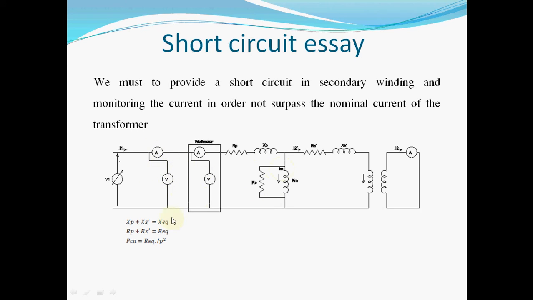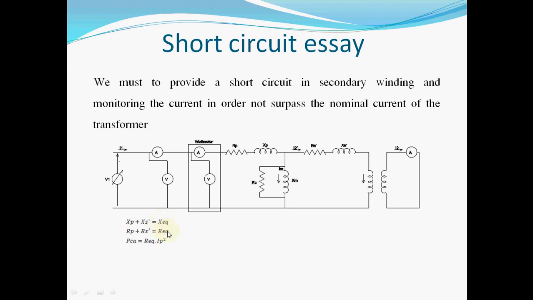And here, this equation shows that it is possible to bring together the reactance of the primary and the reactance of the secondary reflected to the primary, and we put it together to form the equivalent reactance of the transformer.